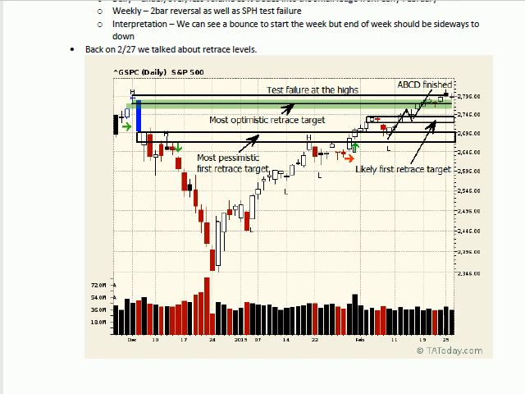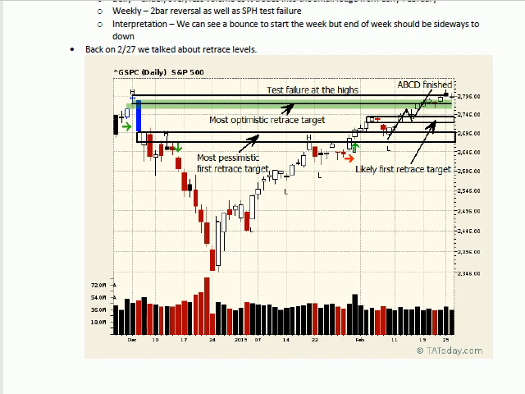We talked about the fact that we could see a retrace back into the most optimistic case would just be go sideways, which was basically up here. The more likely case would be some sort of a retrace into here. Worst case would be a retrace all the way back down into that 2700 area or lower.